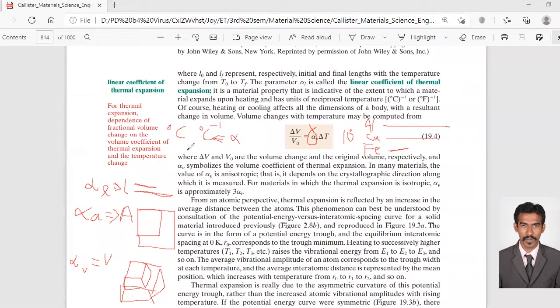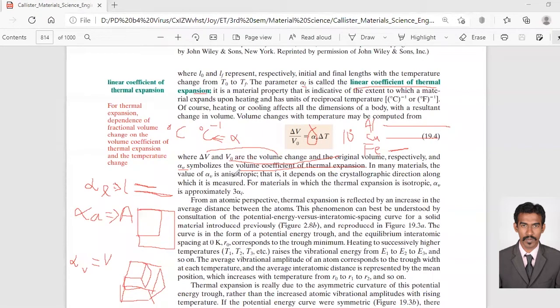Delta V is the volume change and V naught is the original volume, respectively, and alpha V symbolizes the volume coefficient of thermal expansion. What you see here is alpha L, the linear coefficient of thermal expansion.